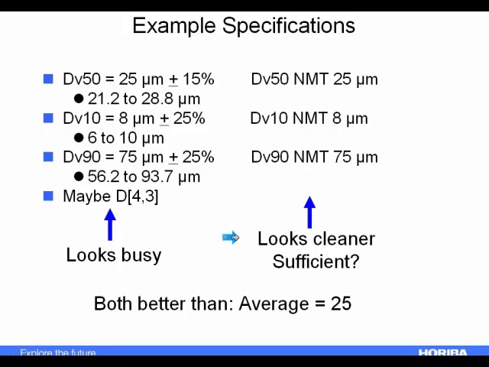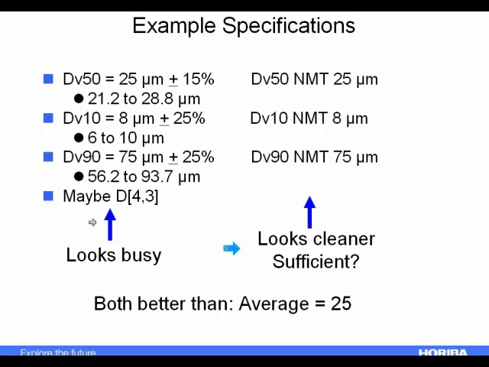And what I will sometimes see, and this is often sufficient, maybe not always, is people just reporting saying the D50 can be not more than 25, the D10's not more than 8, and D90 not more than 75 microns. So here is perhaps a cleaner way to show the specification, but certainly this is a bit more rigorous and probably reflects a higher interest in the quality and control of the product.